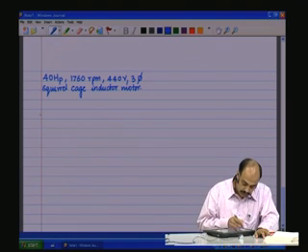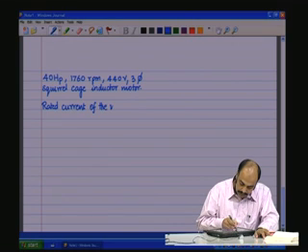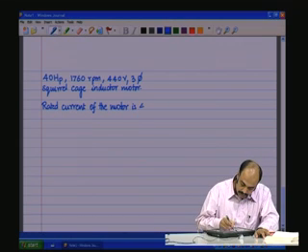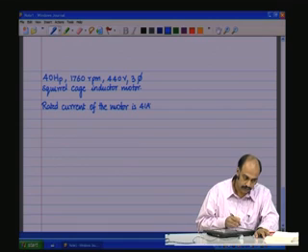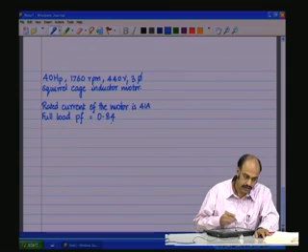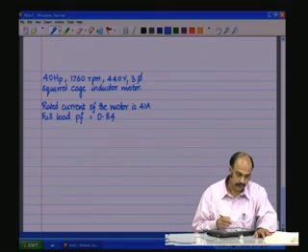The rated current of the motor is 41 amps. The full load power factor is given as 0.84. Okay.